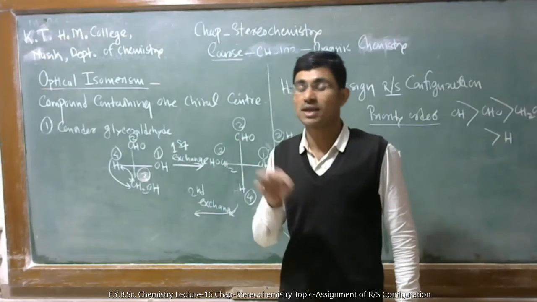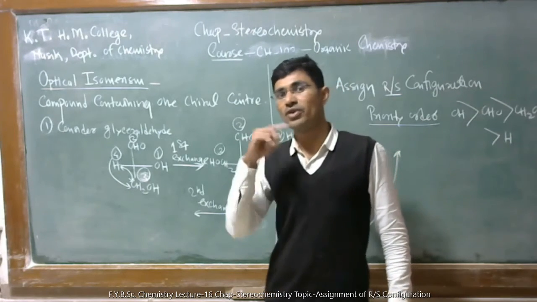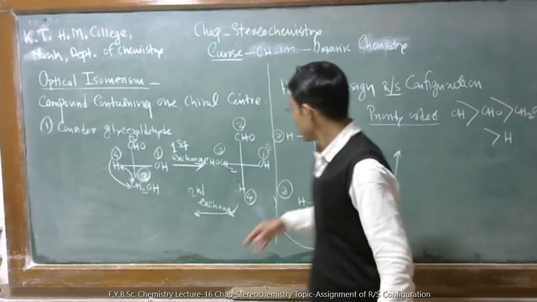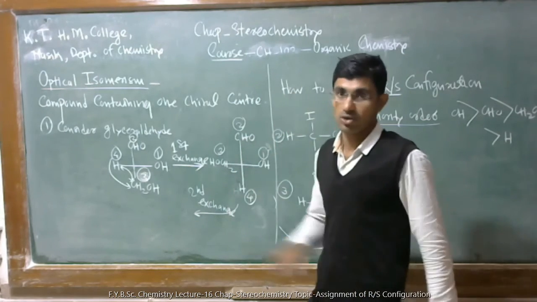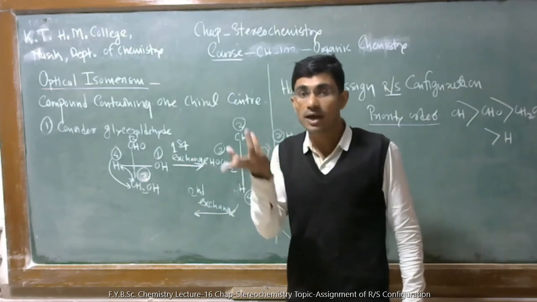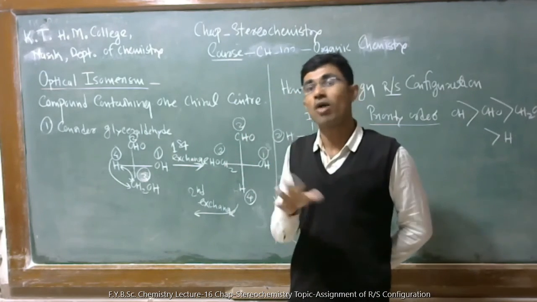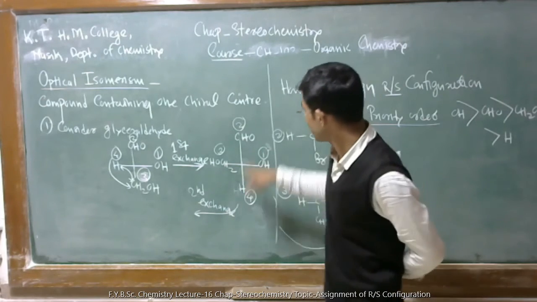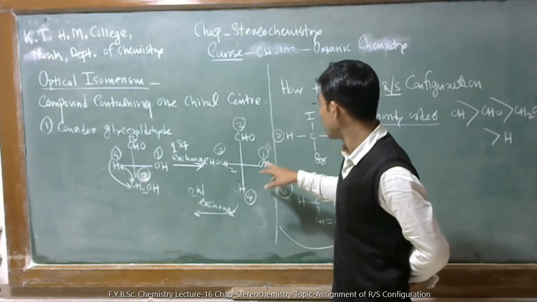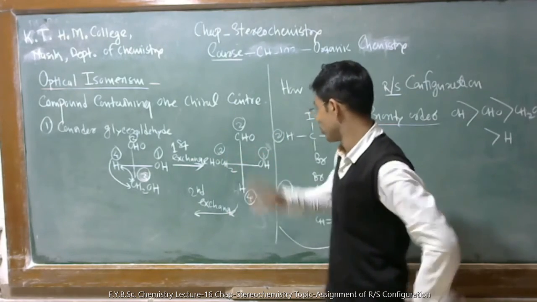You have to perform it. Why? Because if you interchange the groups one time, you get the enantiomer. So this compound is the enantiomer, not the original molecule, and we want the original molecule. So you have to perform the exchange of groups again. But since the second priority group is already at the top, you have to interchange the other two groups.